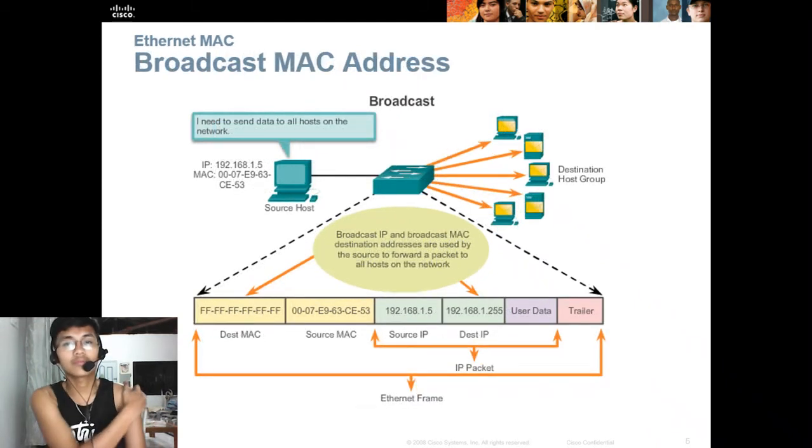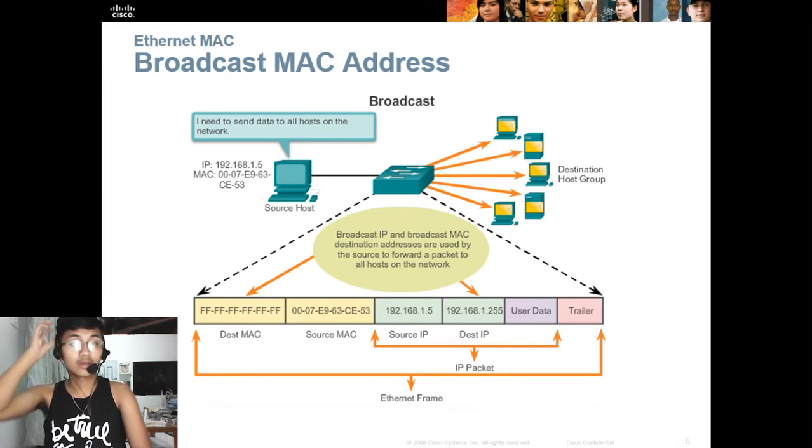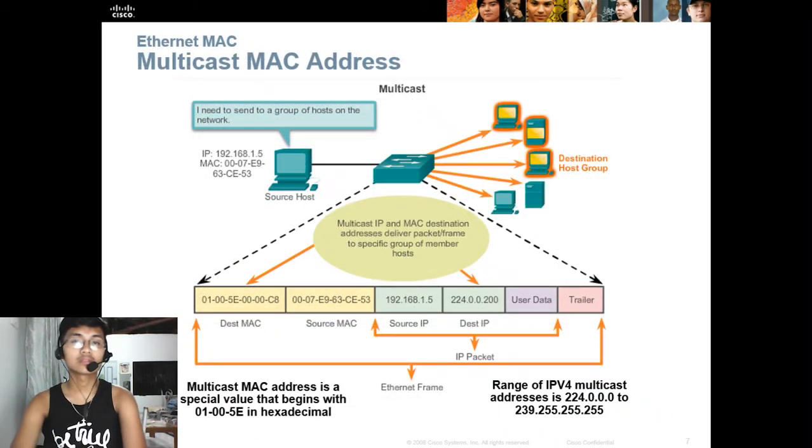For broadcast, the frame is sent to all the hosts in order to find the destination. For multicast, the frames are sent only to a destination host group, excluding other devices that are not part of the sending.